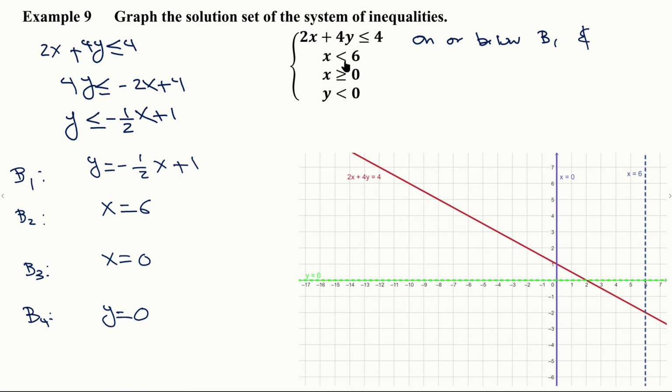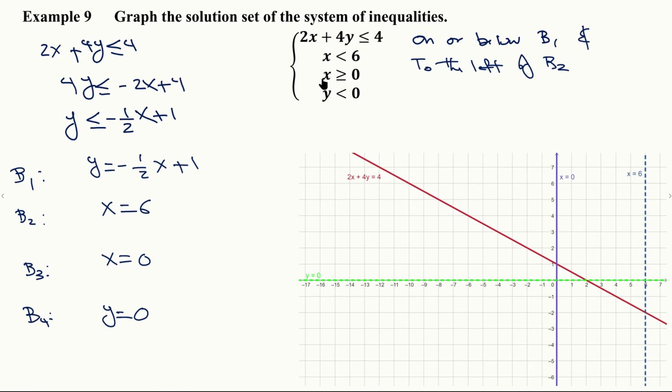For the next one, remember, this one is a vertical line, so we don't say on or below. We say to the left of, right? So we want points strictly to the left of B2, because it doesn't say less than or equal to.